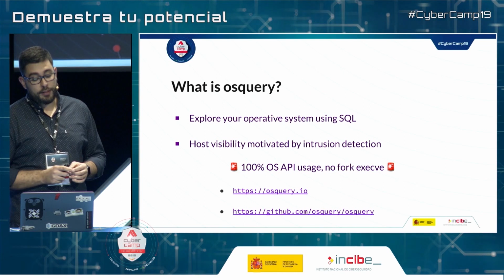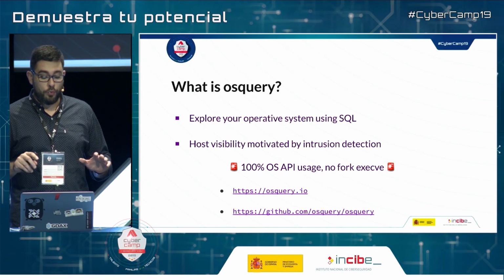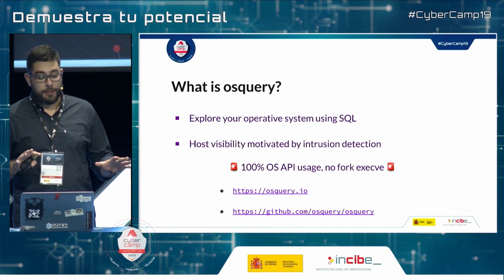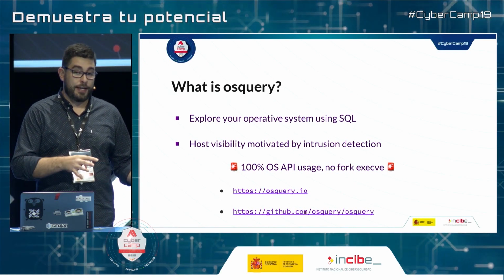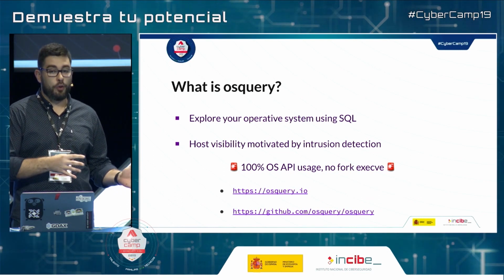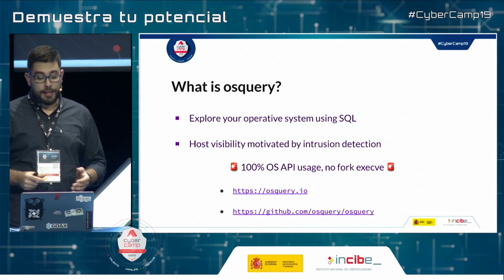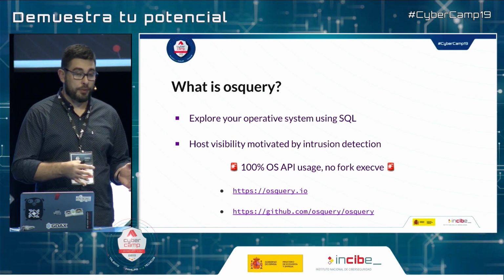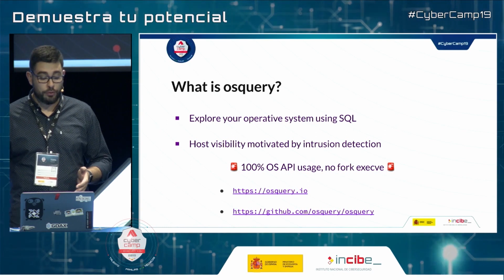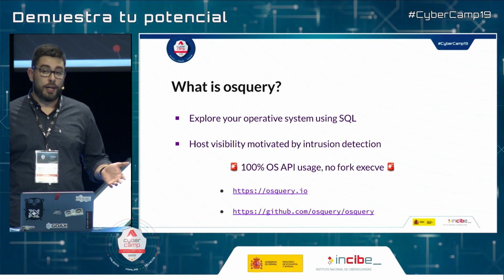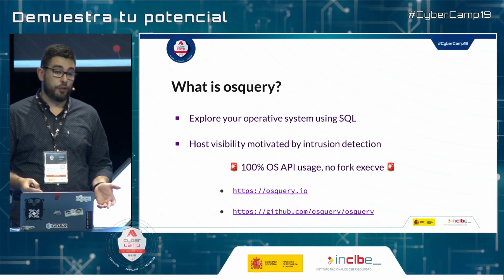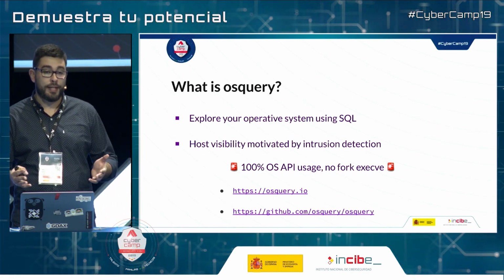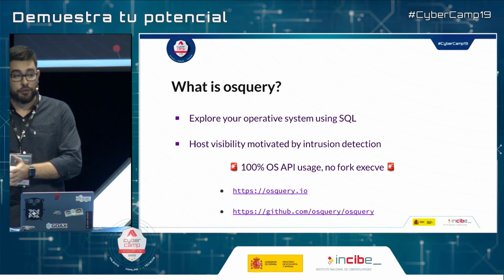So the idea behind OSQuery is to expose your operating system using SQL abstraction. The idea behind using this abstraction with SQL was to create a system that generated abstract data in different infrastructures, and it was able to detect intrusion or to detect incidents as well.